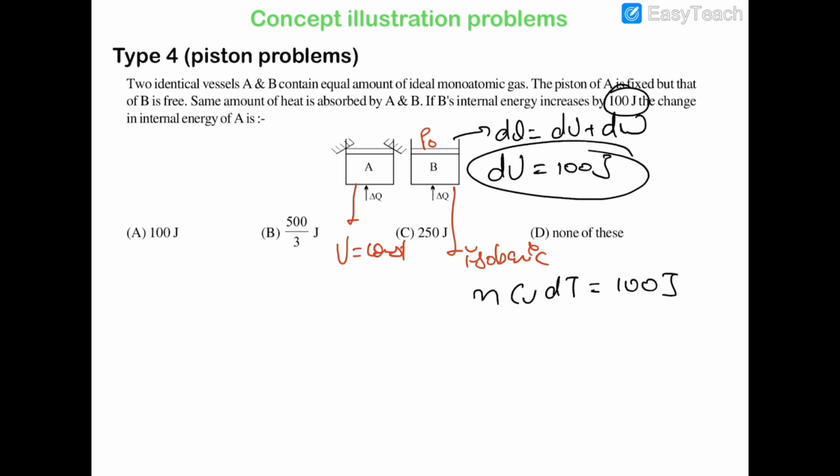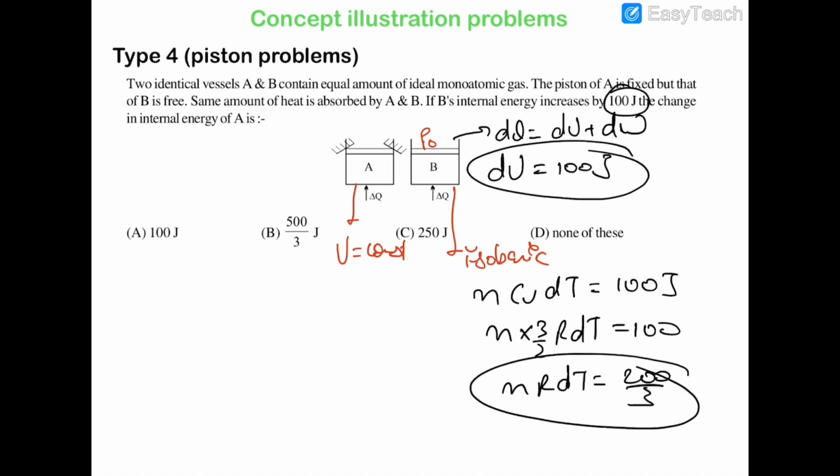Cv for a monatomic gas is 3/2 R, so n into 3/2 R dT is equal to 100, and therefore nR dT is equal to 200/3.